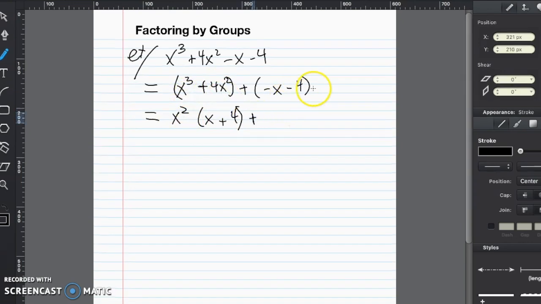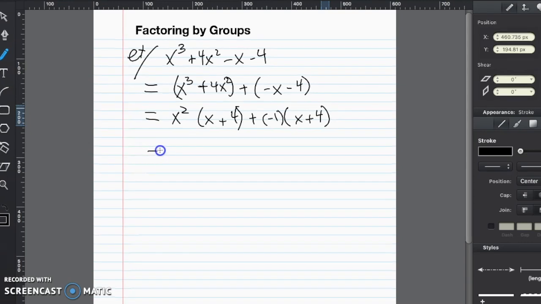Then I'm going to factor out a negative 1 out of here, and that should make this negative x minus 4 into an x plus 4. Okay, double check if you don't believe me. If I redistribute that, I should end up back up here. So I'm just doing the anti-distributing, right?